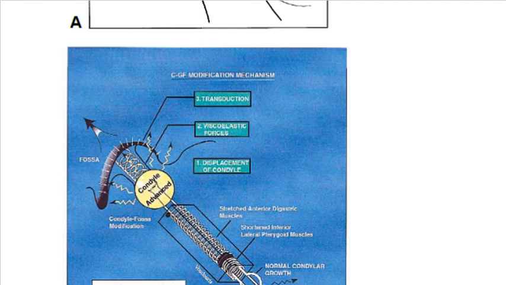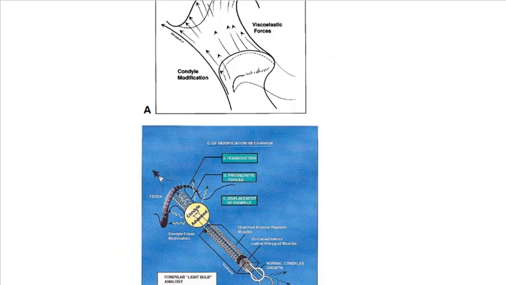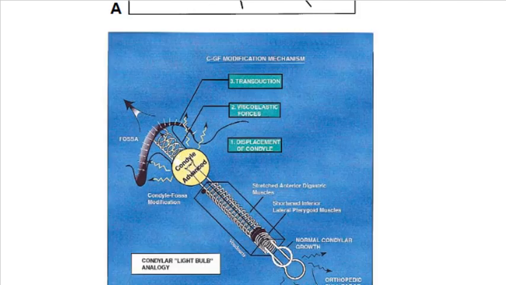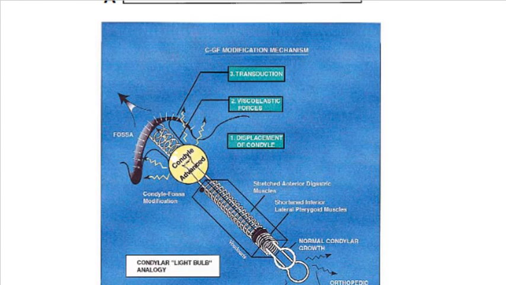So the analogy becomes that if the stretch is normal, there will be normal condylar growth. If there is a change in the positioning of the mandible, it can lead to some amount of condyle-to-fossa modification, and the glenoid fossa and the condyles remodeling. There is no actual growth taking place in the mandible.